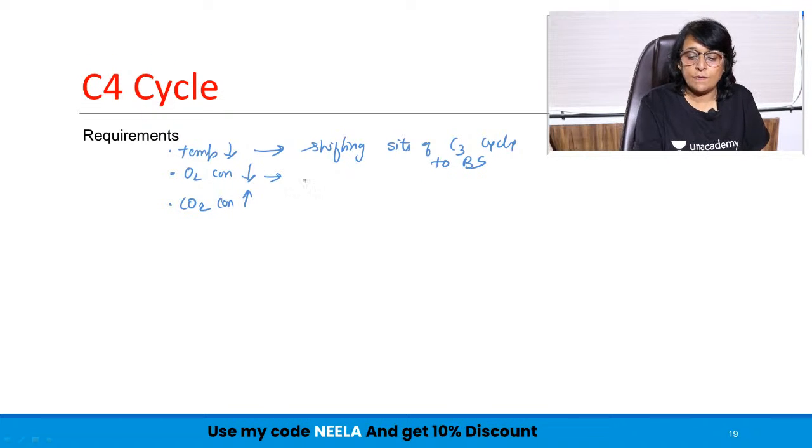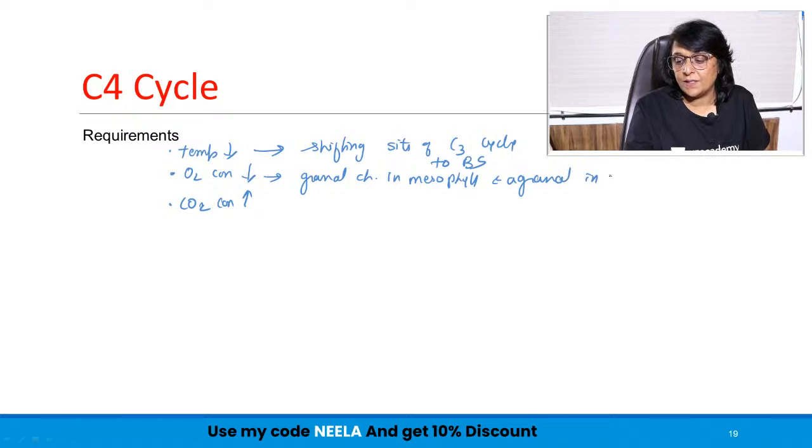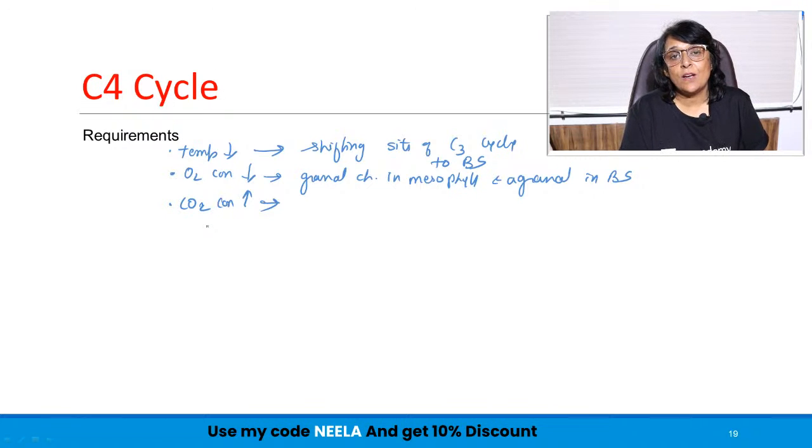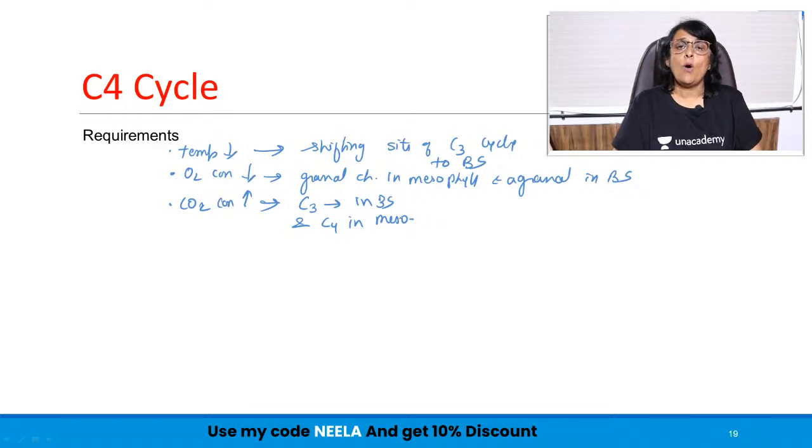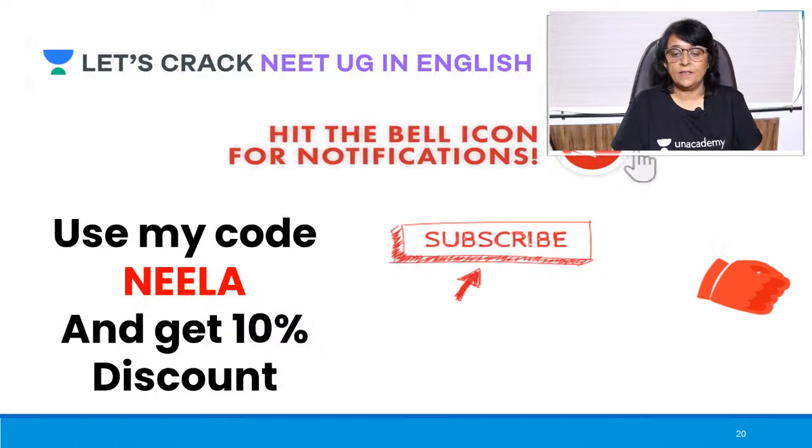How is this achieved? By having granule chloroplast in mesophyll and agranule in bundle sheath. And how is this carbon dioxide concentration increased? This is by this C3 cycle in bundle sheath and C4 in mesophyll. So all the problems are taken care of.